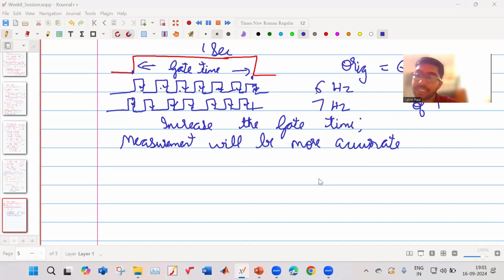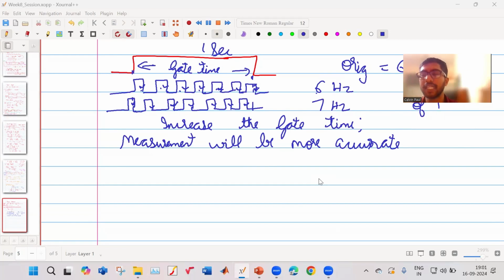What will happen if I increase the gate time a lot, make it too high? If I say you measure for 1 minute, you measure how many times it is happening. You make the gate time 1 minute. Then the time you're taking to measure the frequency is 1 minute, which is very high. You saw for 1 second, you're getting some error. So you say, okay, you increase it.